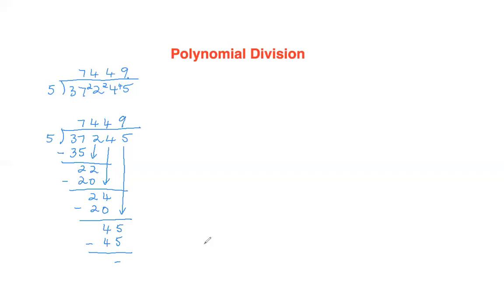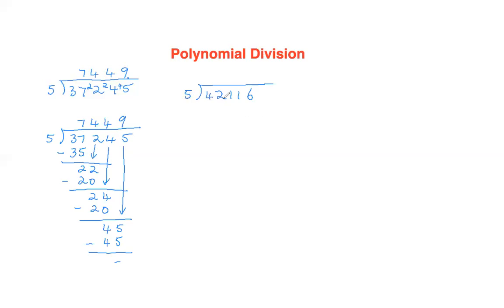Okay, now just to bear in mind that we don't always have to have a nice answer like that. We can have a remainder. So let's look at another division. I'll just do 5 again to make it nice and easy to follow. Here's 42,116 divided by 5. Now I'll just do the short division for this example.